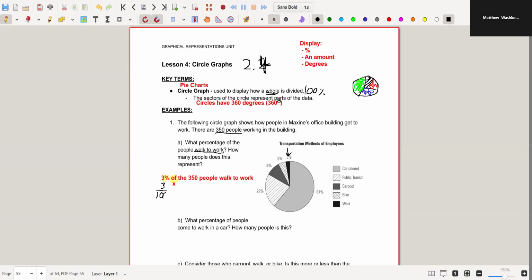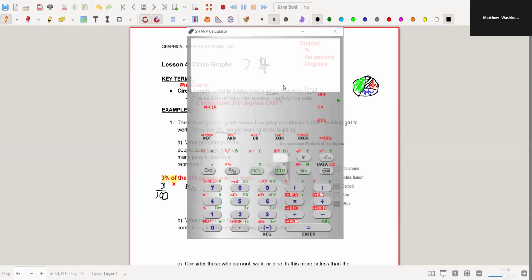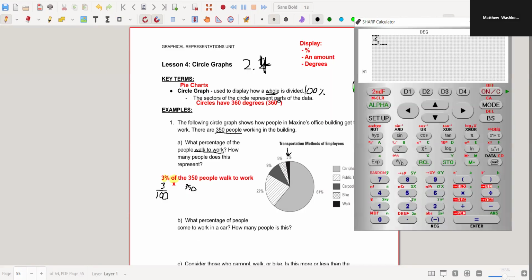Percent, divide by 100. 100 cents in a dollar, divide by 100. So 3 over 100 times 350. Use your arrow buttons.